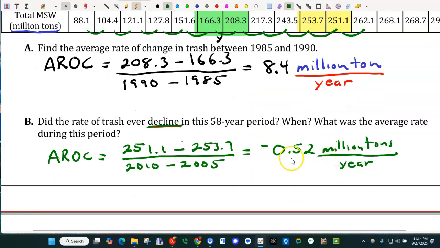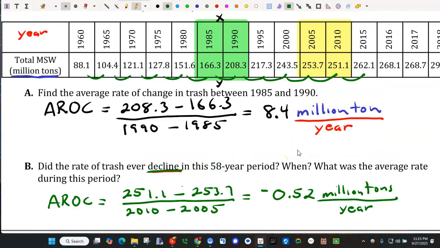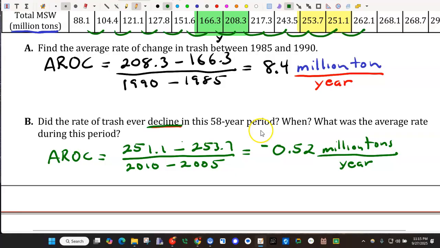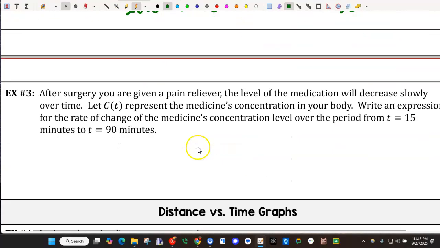Well, it went down by 500,000. 0.52 is about half, so that means the average trash went down about 500,000 over this 5-year time period. Okay. All right, let's keep going.